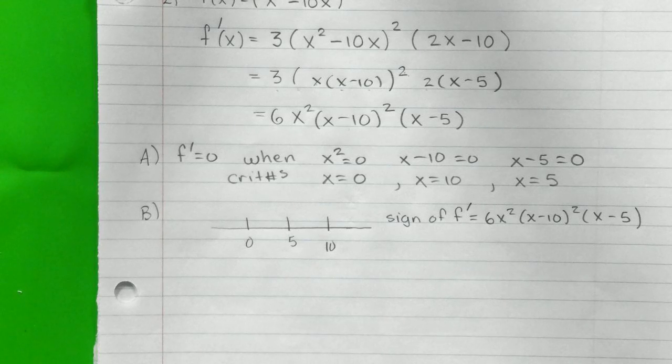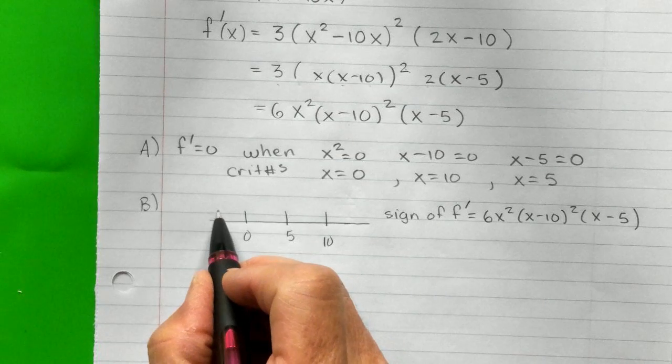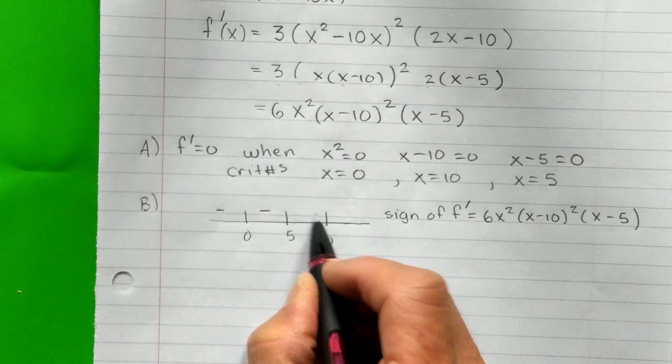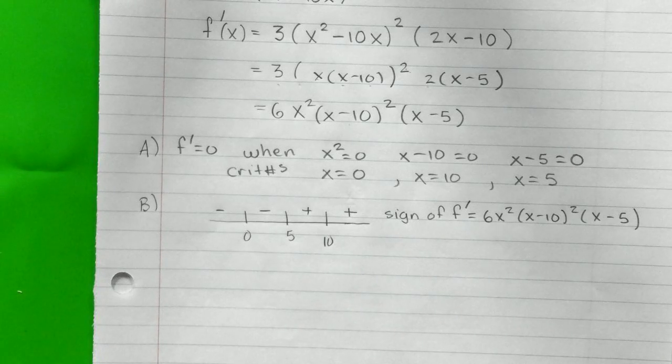The last factor is going to be negative when x is smaller than 5. Positive when x is bigger than 5. Agree? So I can whip the signs out real quick. Since my first two factors are positive, and I know x minus 5 is negative when x is smaller than 5, my sign chart should look something like that.